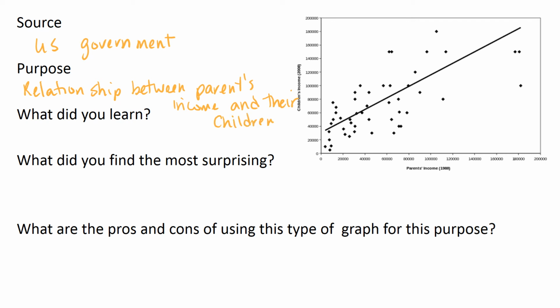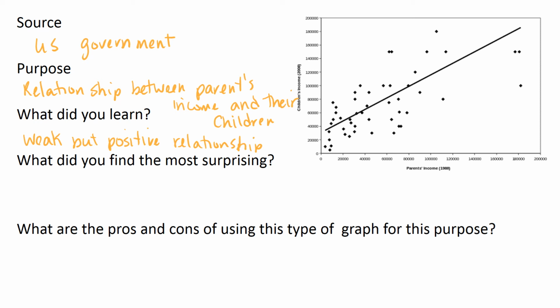What did I learn? I learned that there was a weak but positive relationship. This means that in general, as the parent's income increases, so does the children's.